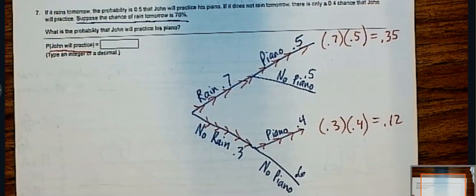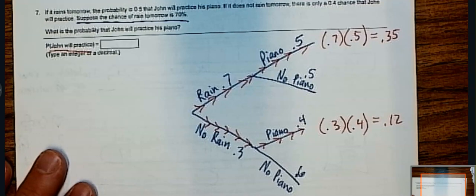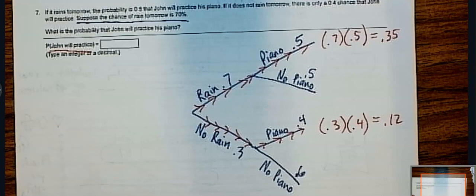Okay? And then there's another option. If it doesn't rain, he still will practice the piano. That's 0.3 times 0.4. 0.12 is correct. It doesn't mean he will, but there is a probability he will, yes.